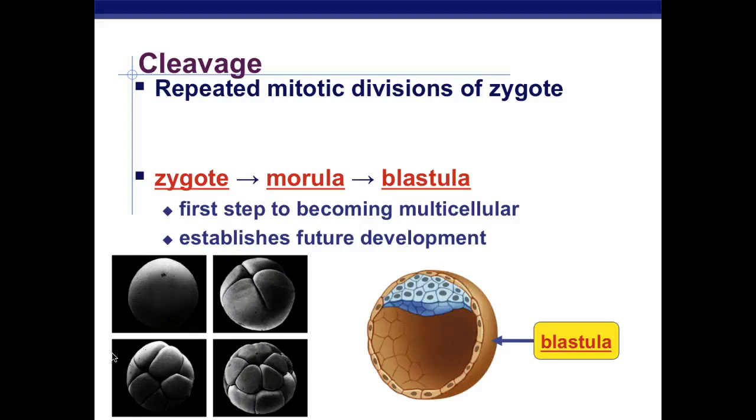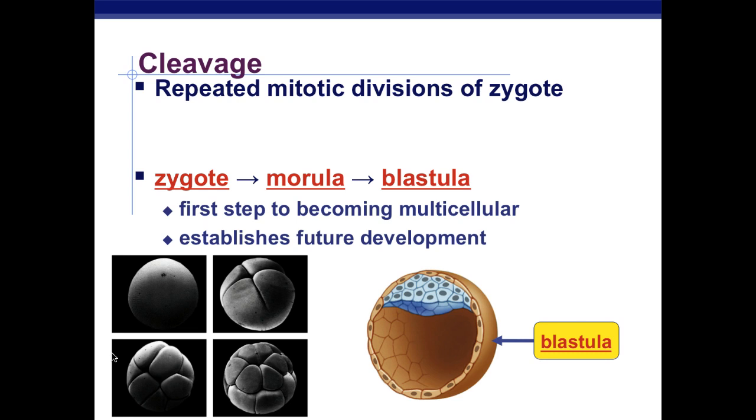So we know with mitosis, you're going from one cell to two daughter cells, and they have to undergo interphase, the G1, the S, and the G2 phase, and then they'll undergo mitosis, the PMAT, and then the cytokinesis.